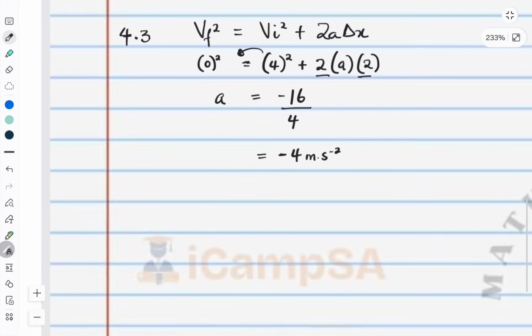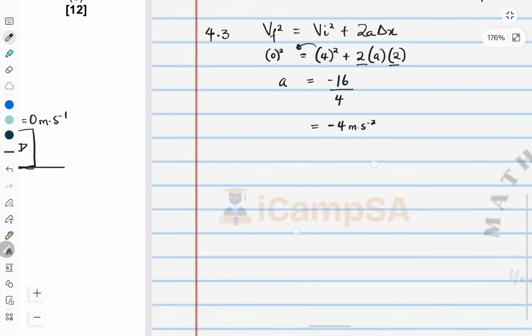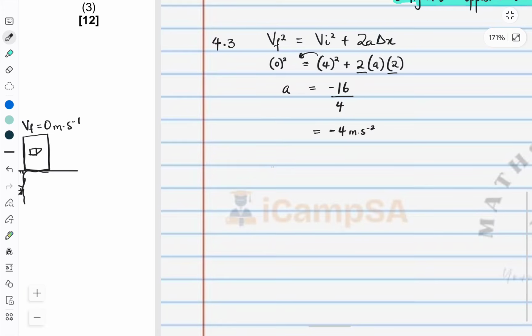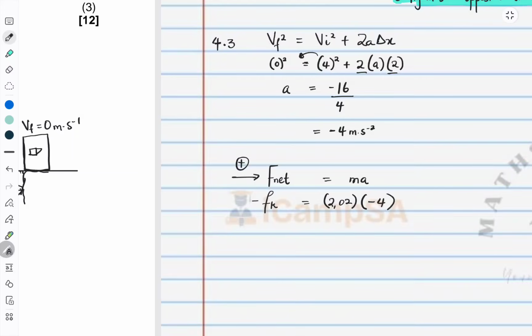Okay, so now I can go ahead and find my frictional force. I can say F net is equal to MA. I am choosing that side as positive, so Fk will be negative. My mass is already 2.02. Acceleration is to the left, so it will remain negative.